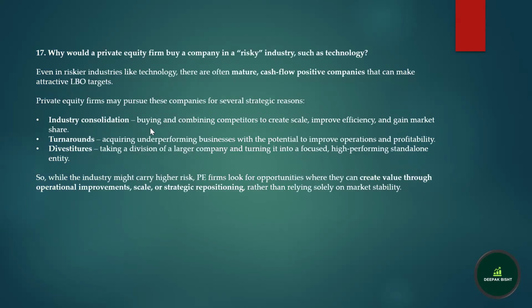And in this question, why would a private equity firm be interested in buying a risky company, such as in a risky industry such as technology? So why would they be interested in getting into those kinds of businesses which are risky in nature? Because of various factors like growth potential, turnaround opportunities, industry consolidation, strategic divestitures, expertise and specialization also, and portfolio diversification.